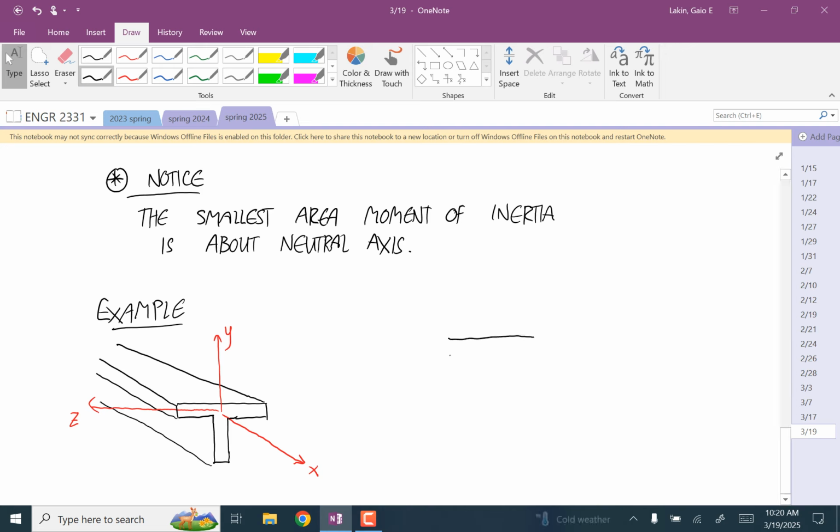And the dimensions of the cross section are 0.5 meters. That's a big beam. 0.5 meters like that. All the thicknesses are the same, 1 centimeter, and the distance from here to here is 0.5.